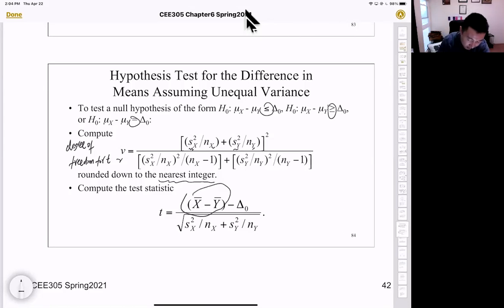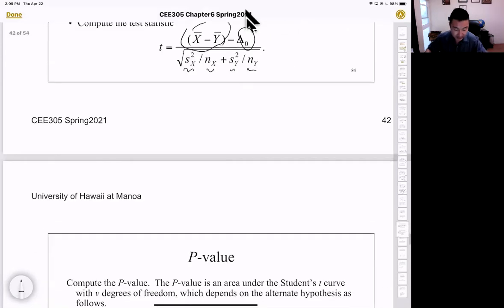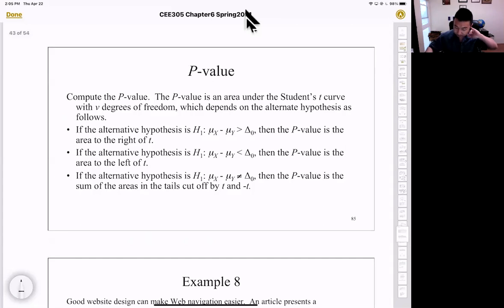Then we calculate the t value based on this. This is the sample mean for x and y. Delta 0 is whatever delta 0 we want to check, normally 0. Then this is the sample standard deviation of x and y, and the sample sizes. So we calculate the t value, and then based on the degree of freedom, we get the p value, which again depends on how H1 is set up.